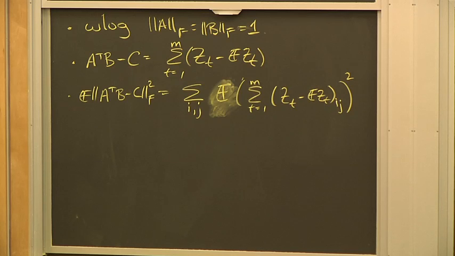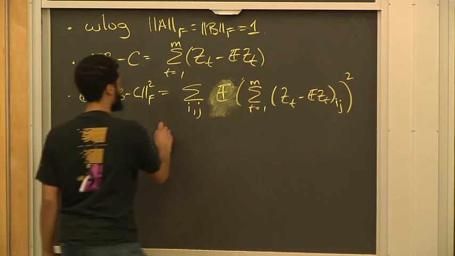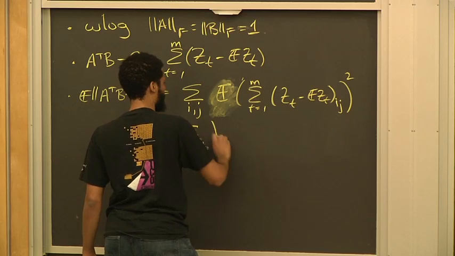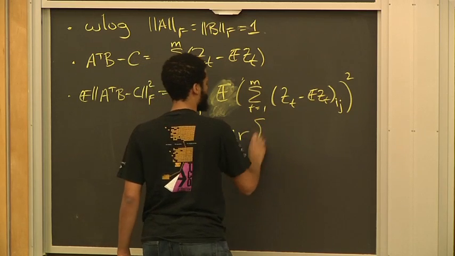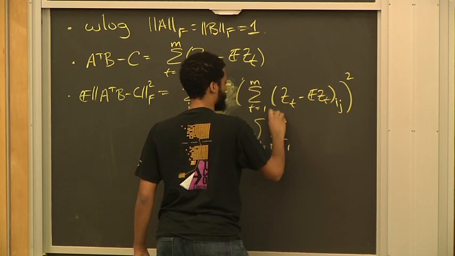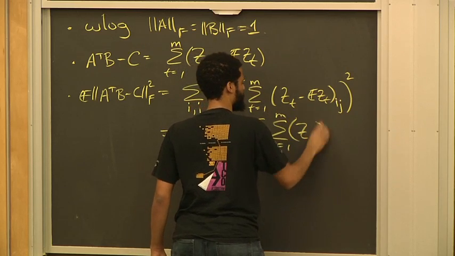And this is just equal to the sum over all ij of the variance of the sum over t of Zt ij.